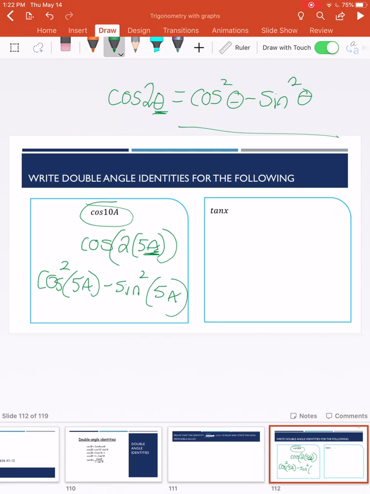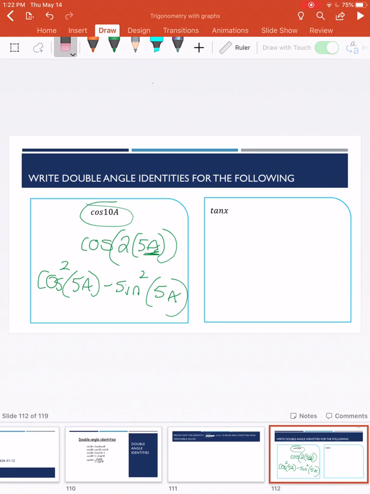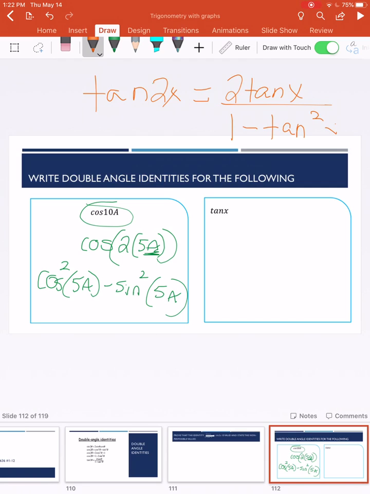Okay, and then tan x, this one's a little trickier. If you look at your tan identity, I'm going to erase this up here and write my tan identity. We know tan 2x equals 2 tan x over 1 minus tan squared x. Here's the trick: I don't have a 2 there. But tan x is the same as tan 2 times x over 2, right?